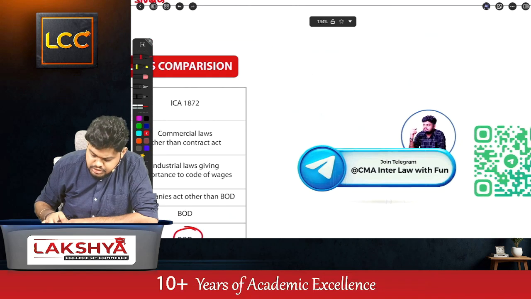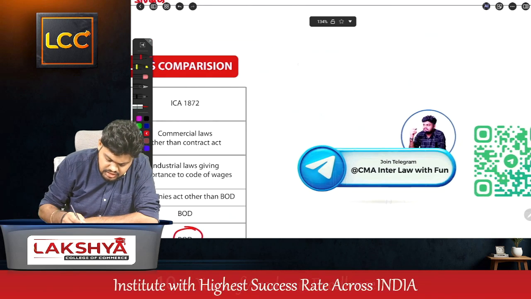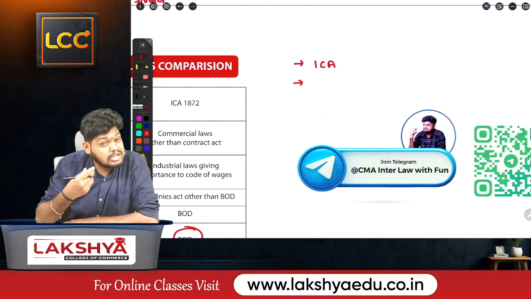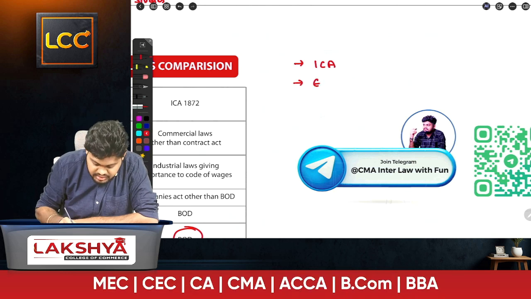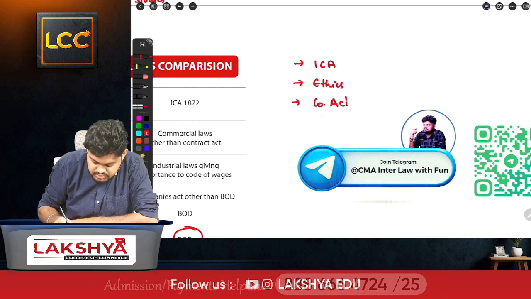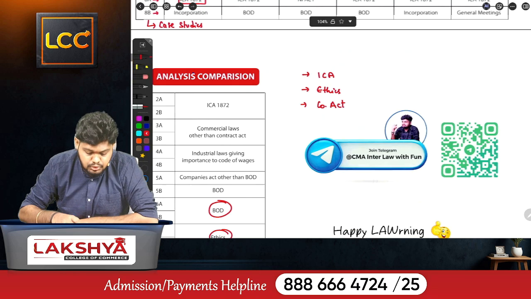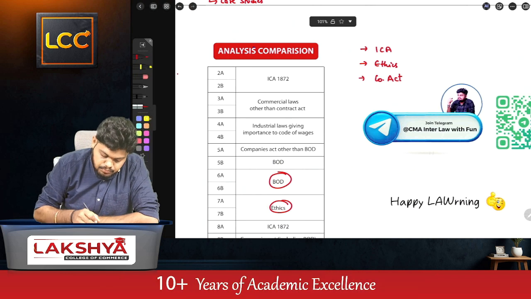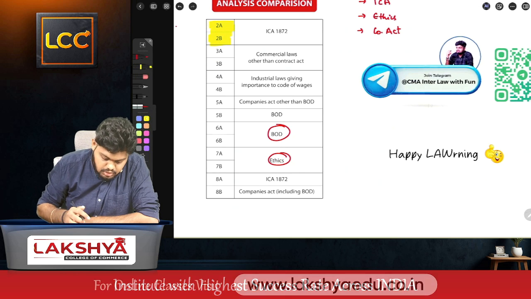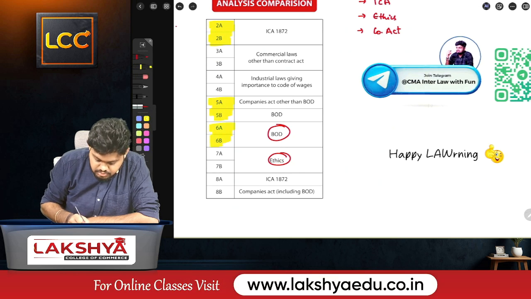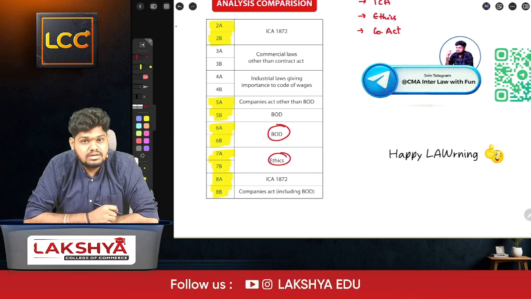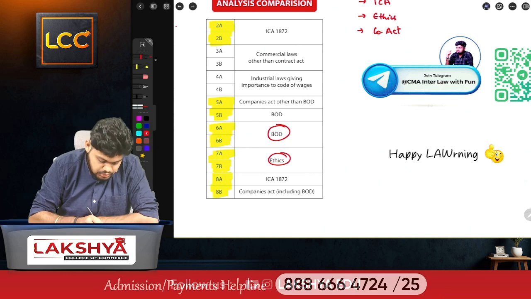Based on all this, if you come to the logic, if I am able to thoroughly complete the Contract Act, Ethics, and your Companies Act, you will be able to write question number 2, question number 5, question number 6, question number 7, and question number 8. Yes, you guessed it right.